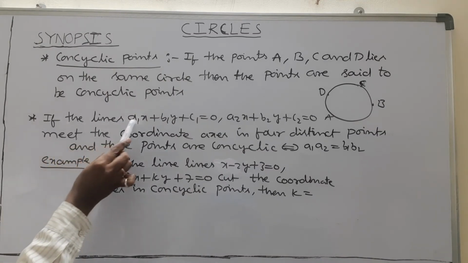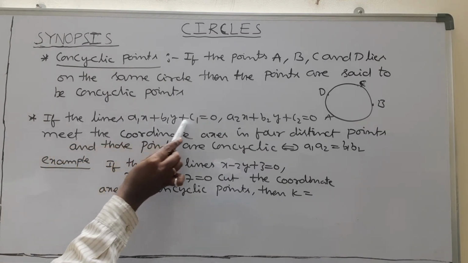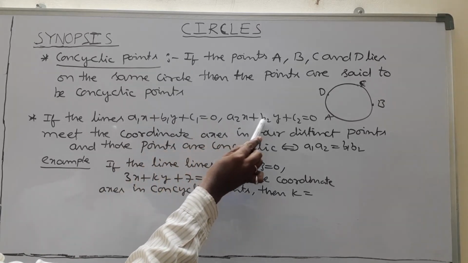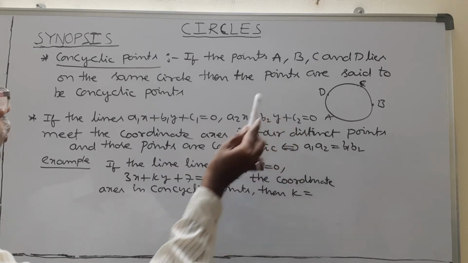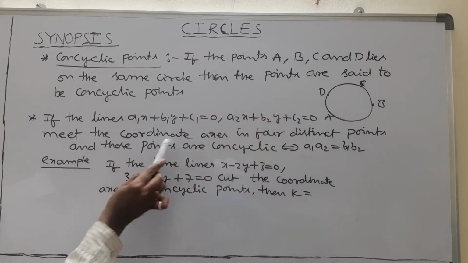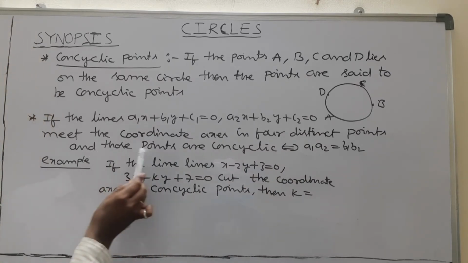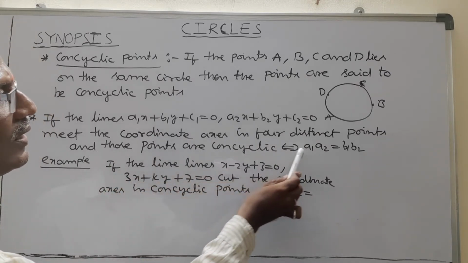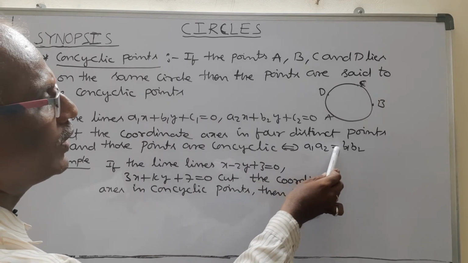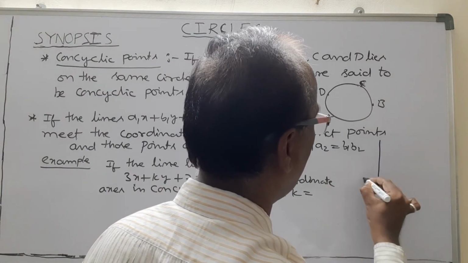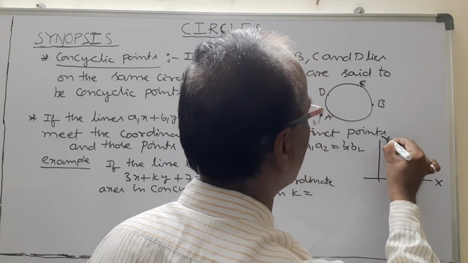If the lines a1x + b1y + c1 = 0 and a2x + b2y + c2 = 0 meet the coordinate axes in 4 distinct points and those points are concyclic, then the condition is a1a2 = b1b2. Here, this is the coordinate axes, x axis and y axis.